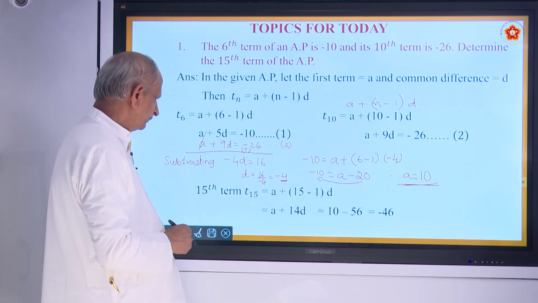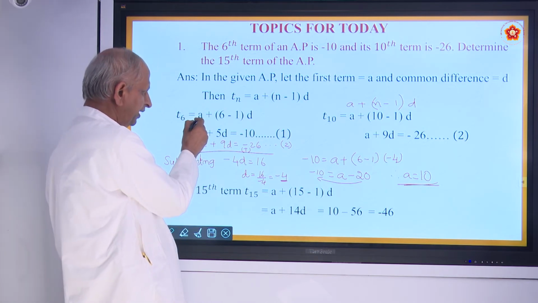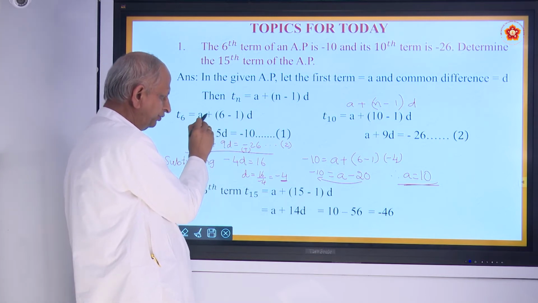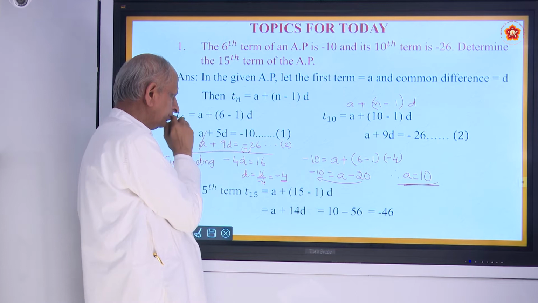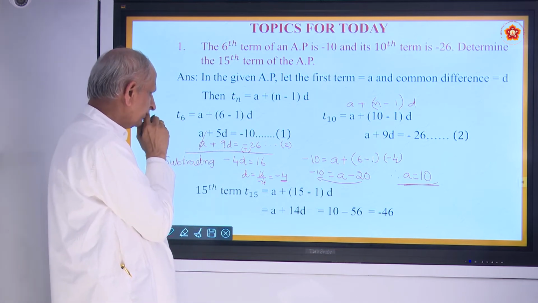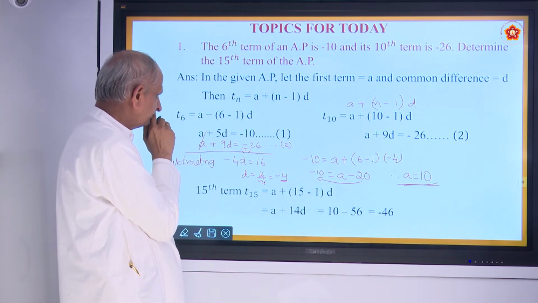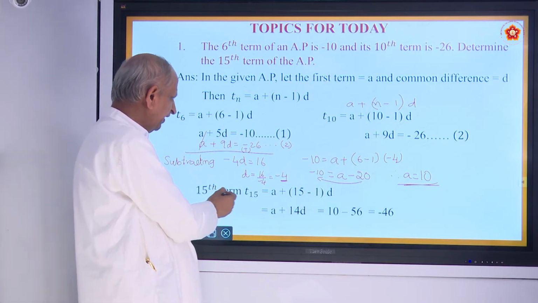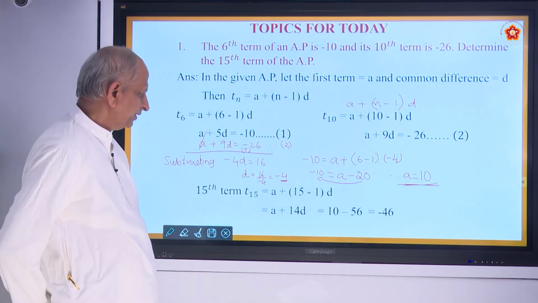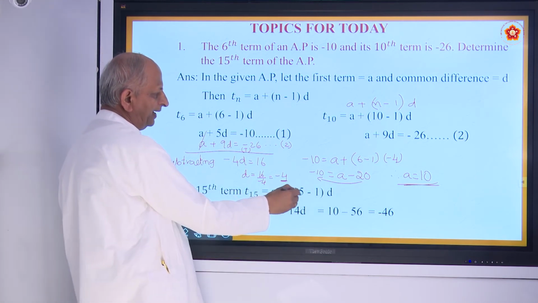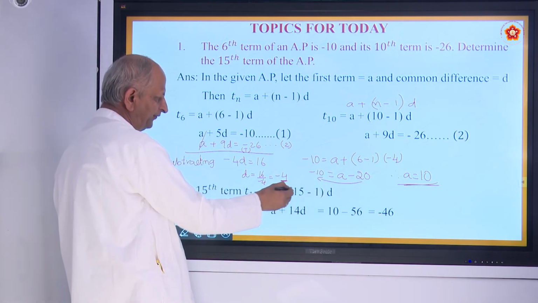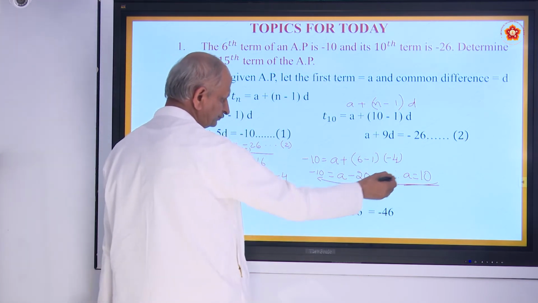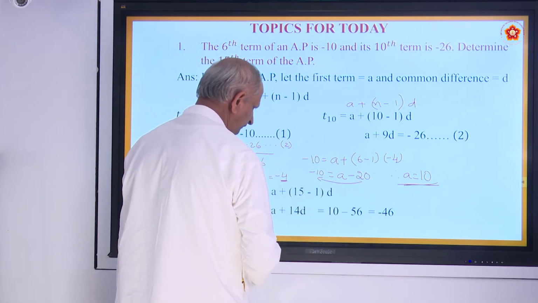You can check here. A is 10 minus 5 into minus 4, minus 20. So, you will get it as 15th term they are asking, A plus n minus 1 into d. N is 15. So, A is 10 we got. Write it here.